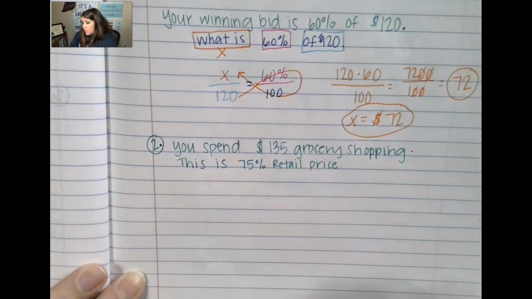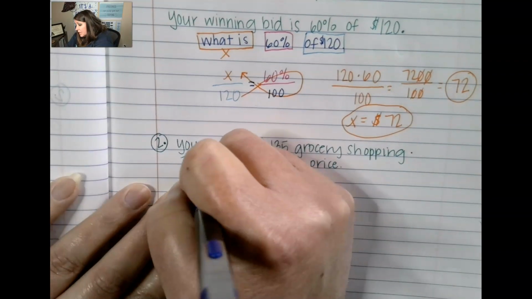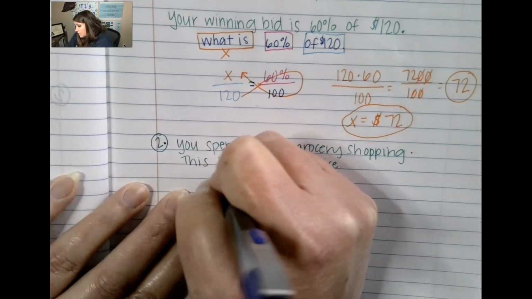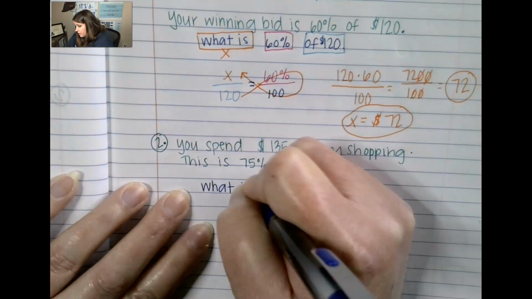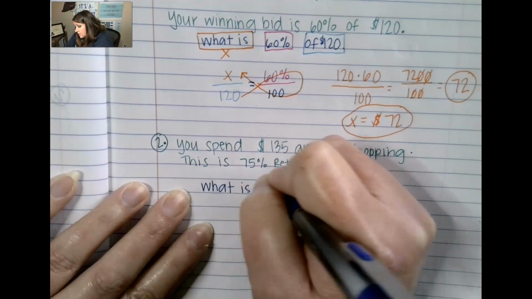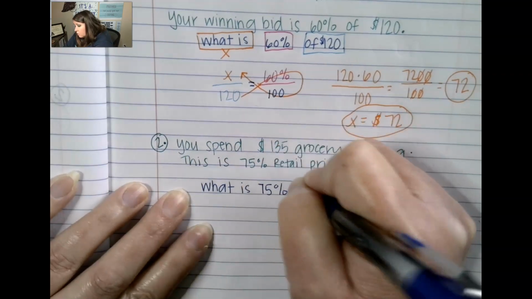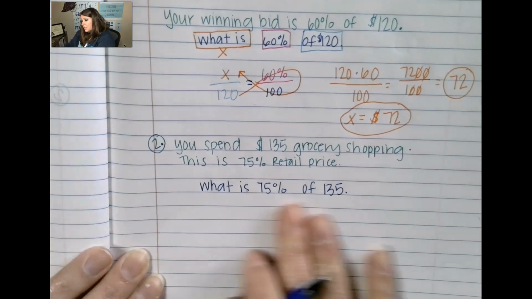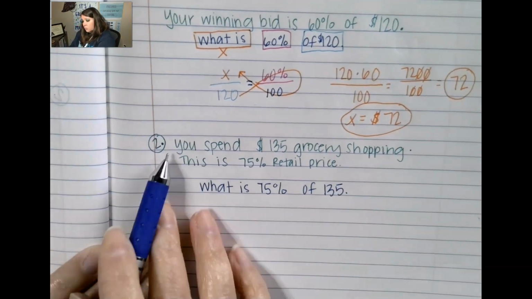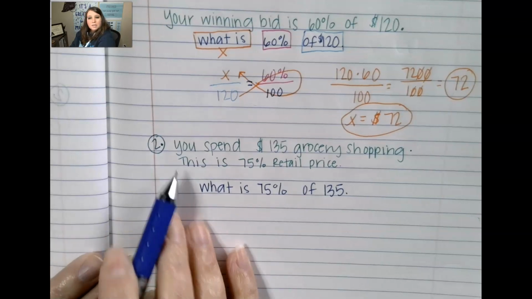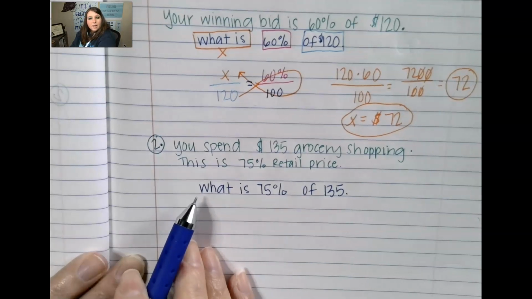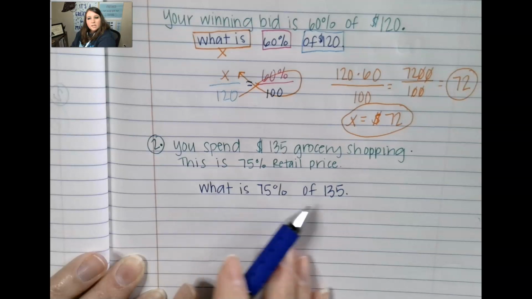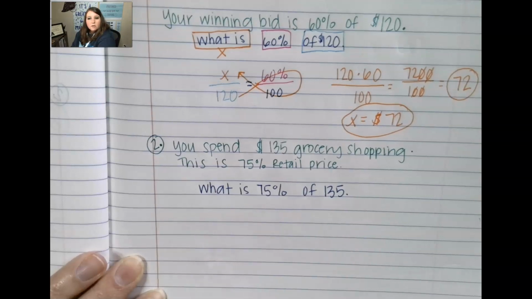So this question is asking us, what is 75% of 135? We just rewrote all that information into a question of what is 75% of 135.